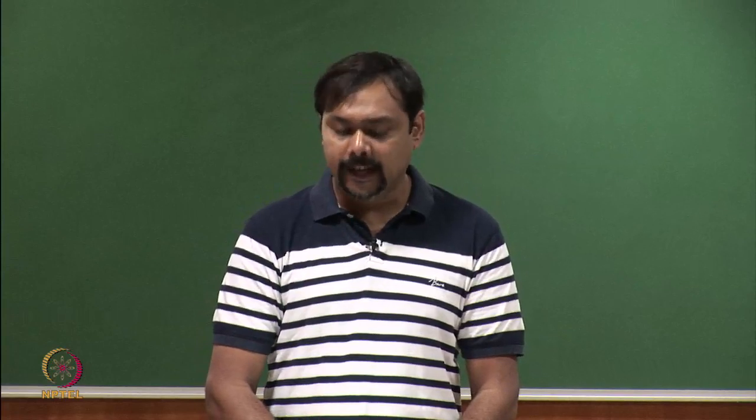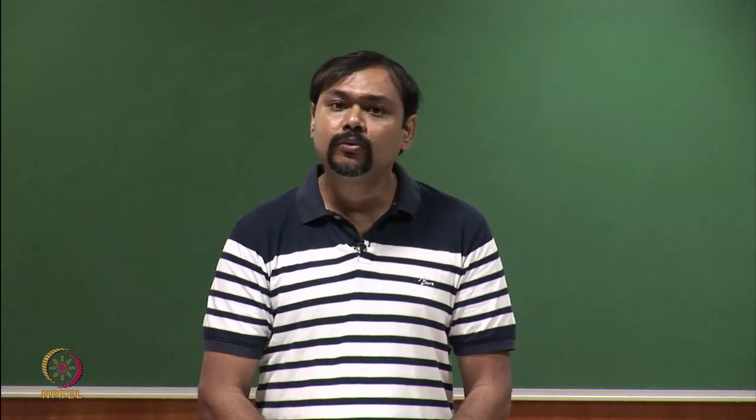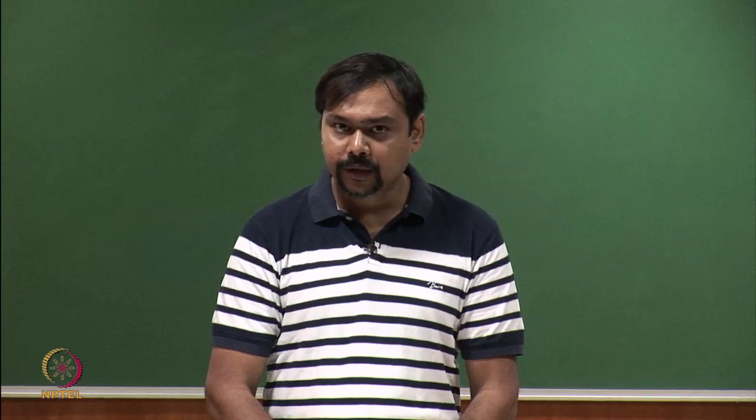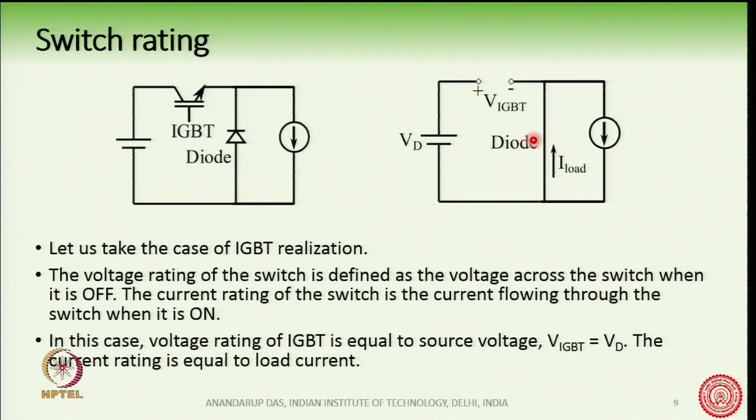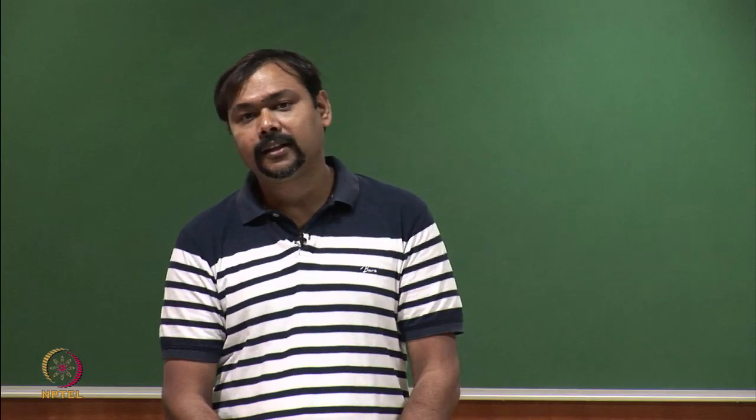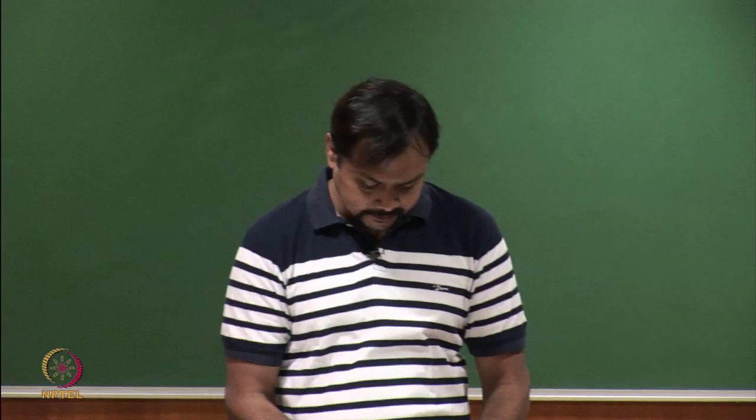The current rating of the IGBT will be equal to the load current, because when the IGBT is conducting, the diode will be turned off because it will be reverse biased, and so the load current is flowing through the IGBT. So, the voltage rating of the IGBT is equal to the source voltage, and the current rating of the IGBT is equal to the load current.